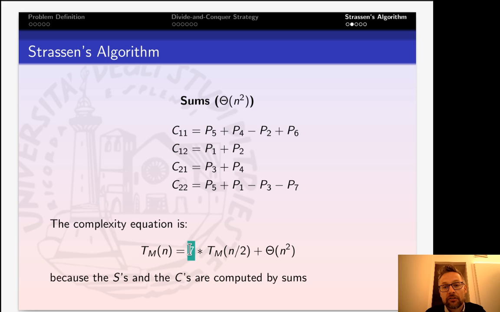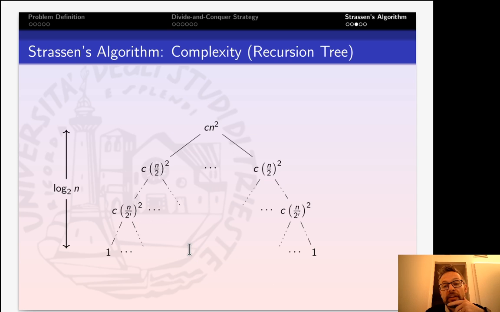Okay. Now let's try to compute the complexity of the Strassen algorithm, the algorithm proposed by Strassen. And to do it, again, we may use the recursion tree. Let me avoid doing it on the whiteboard, and let's see what's going on simply by looking at the slides. Here we have an error.